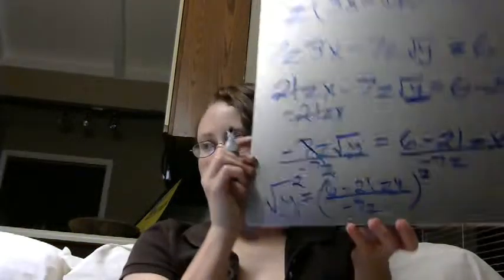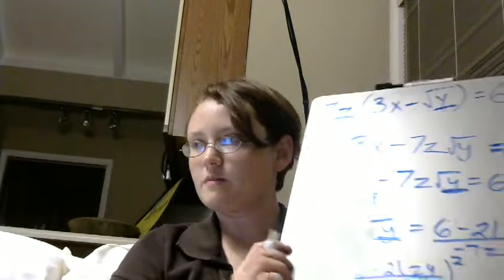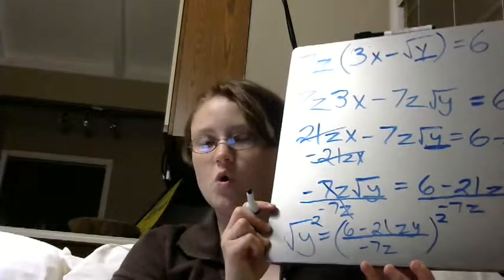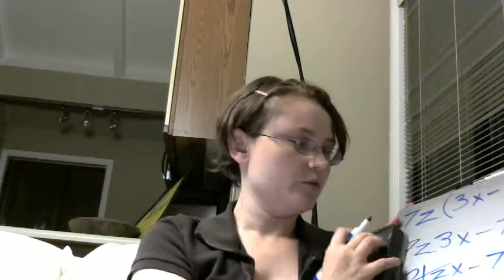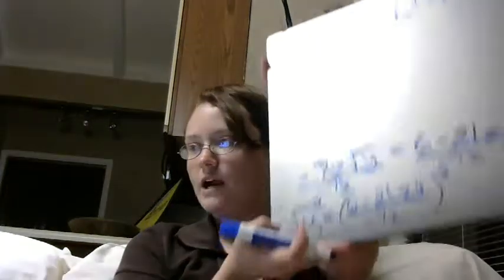I'll put all this in parentheses before I put the square up there because I want to remember that I'm squaring the whole side. I'm going to erase the top step up here, and go back up to the top to write our result.